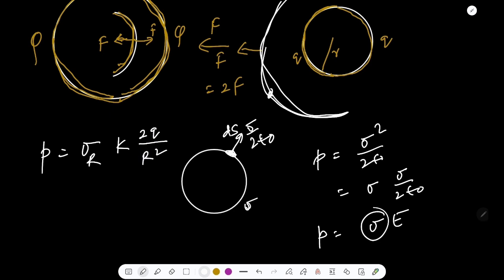This is the electric field at any point of the sphere produced by this small hemisphere.